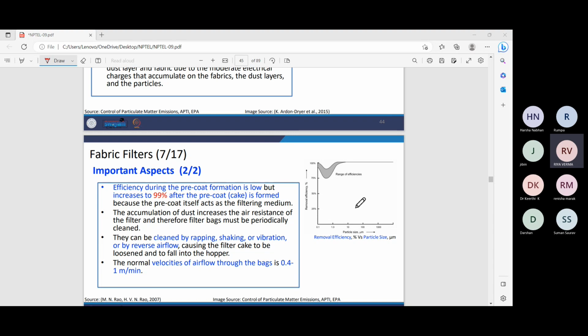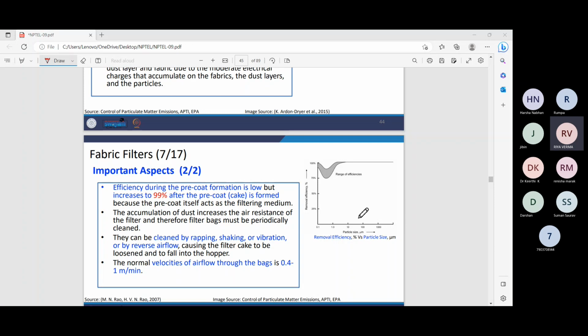So after a certain amount of time, we need to clean the filter media, or the filter bags, because the pressure drop increases to a level where it is approximately impossible for the gas to flow through this filter media. So we need to remove this cake that is formed on the filter media. They can be cleaned by wrapping, shaking, vibration, or by reverse airflow.